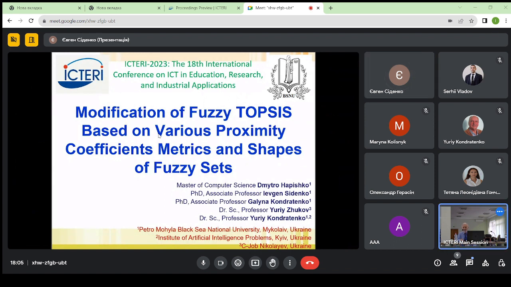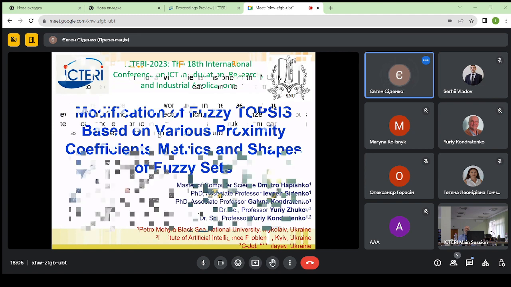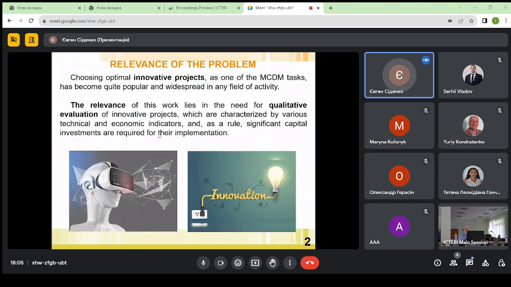Okay. Thank you for presenting our paper on modification of fuzzy TOPSIS based on various proximity coefficients, metrics, and shapes of fuzzy sets by Dmitro Hapishko, Evgen Sidenko, Galina Kondratenko, Yuri Zhukov, and Yuri Kondratenko from the great city of Mykolaiv. Choosing optimal innovative projects as one of the multi-criteria decision-making tasks has become quite popular and widespread in any field of activity.